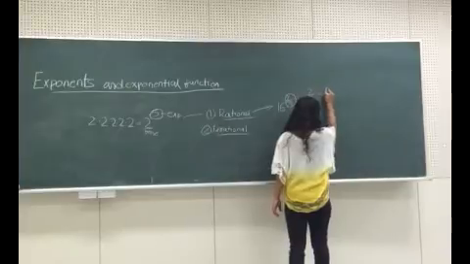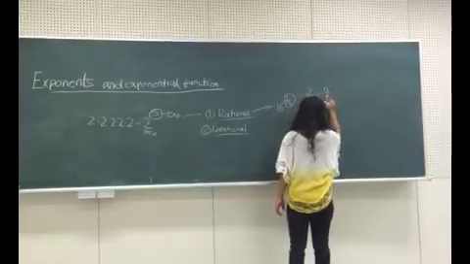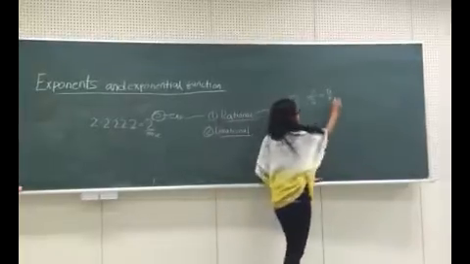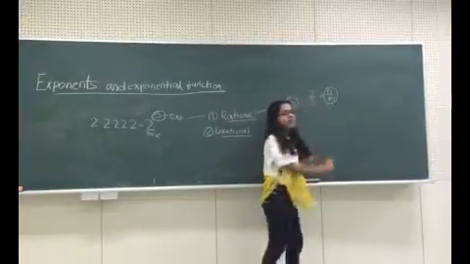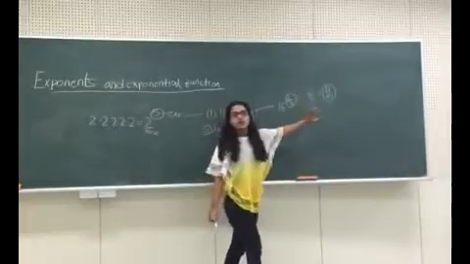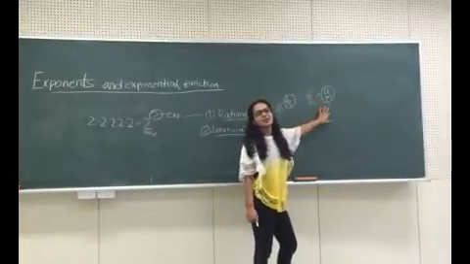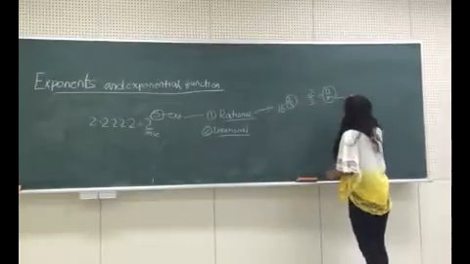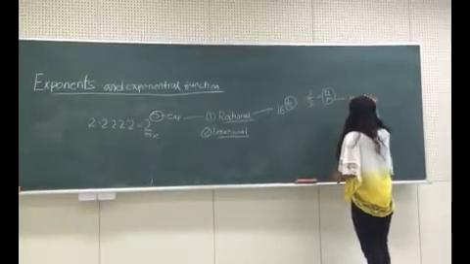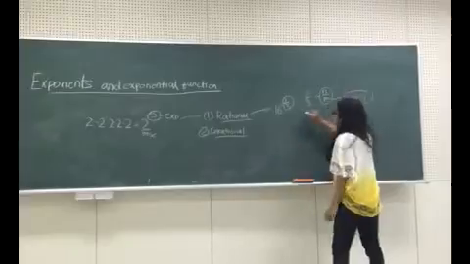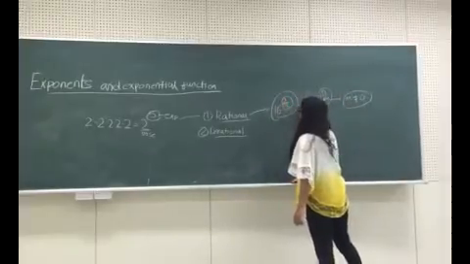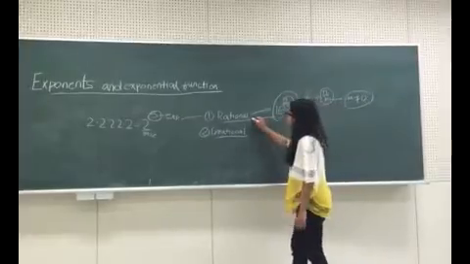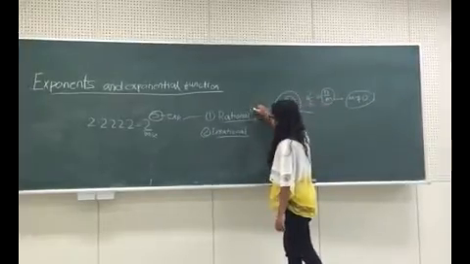Let us assume this 2 by 3 as n by m. So, there's basically a rule in exponents that if the power raised on the number is in the form of n by m, where m is not equal to 0, then we can say that this number with the raised exponent becomes a rational exponent.